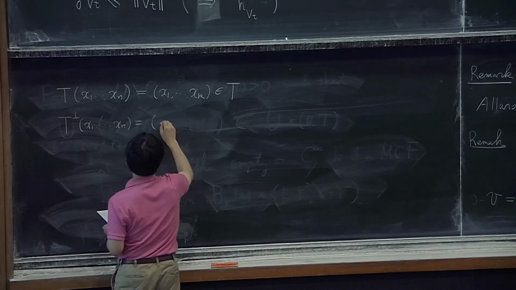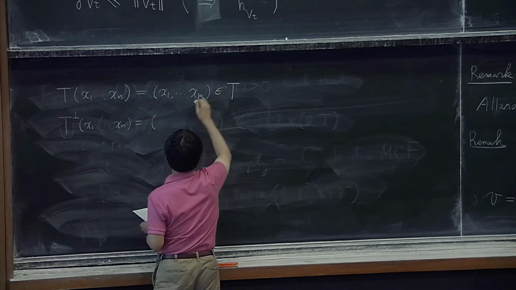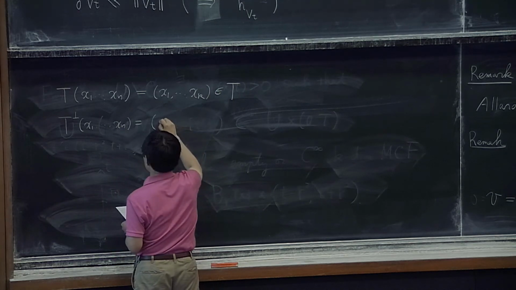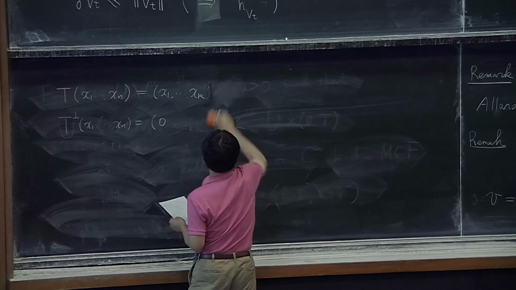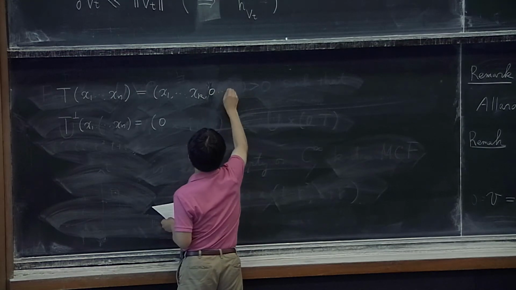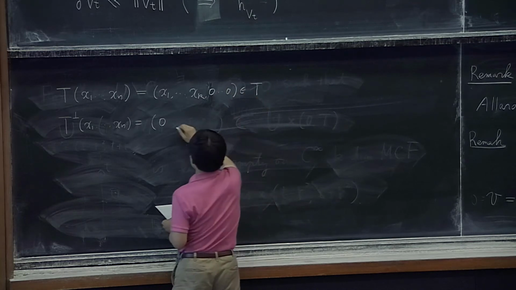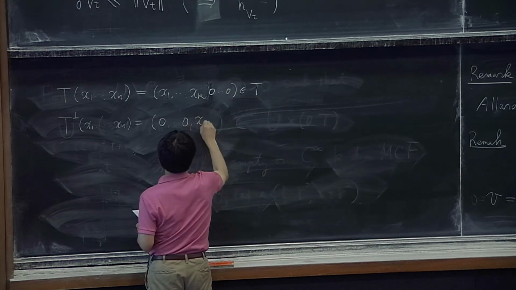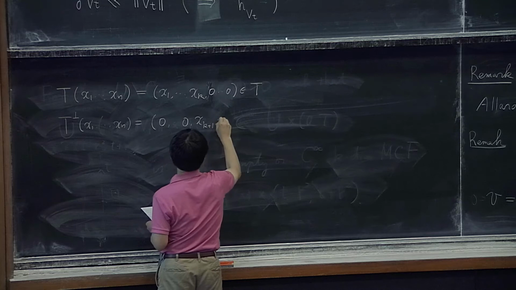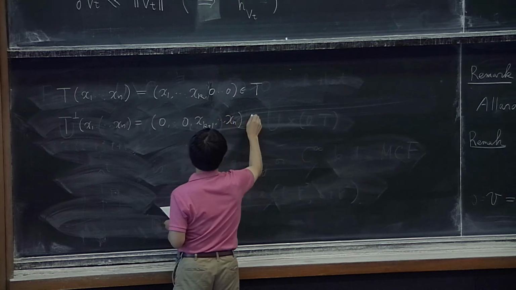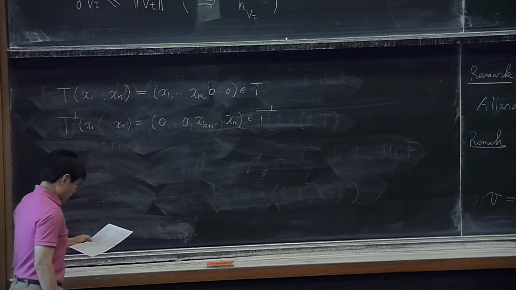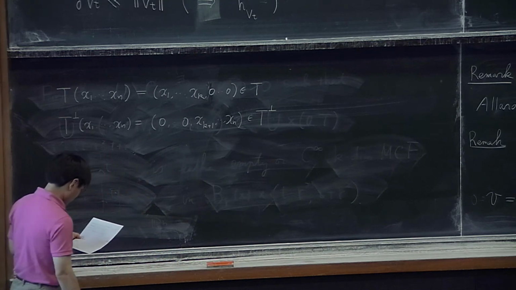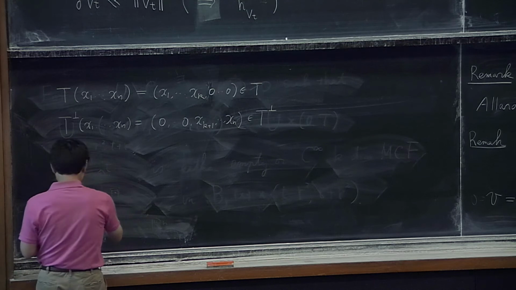Maybe I should add 0 here, but I hope you understand: that's 0, x_{k+1}, ..., x_n, which is T perp. And I also need to define a couple of other things.